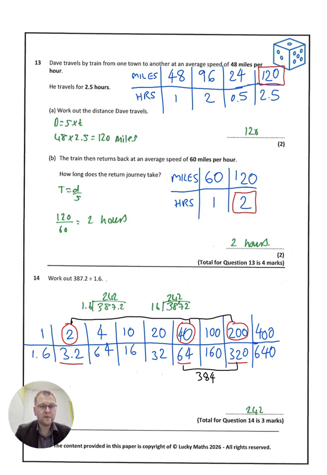So if we put together the 2 and the 0.5, the 96 and 24 together means it's 120 miles in 2.5 hours, which helps us obviously with part B, because if a train is traveling at 60 miles per hour, it will travel 120 miles in 2 hours.